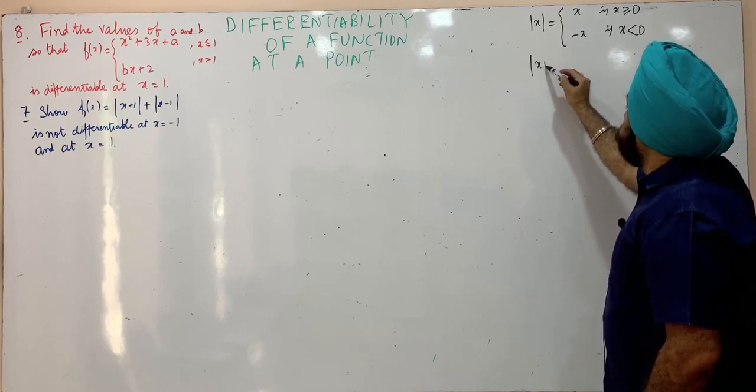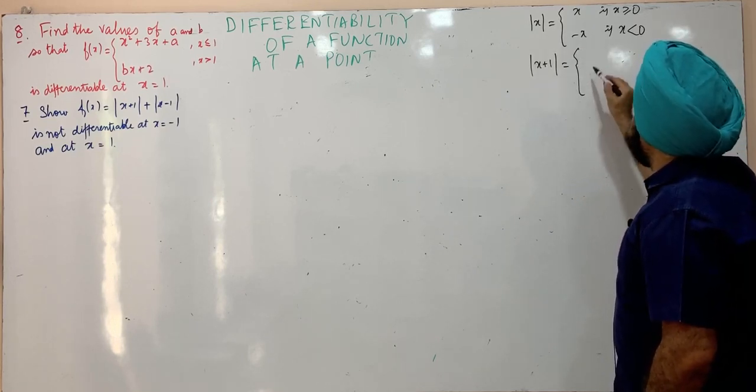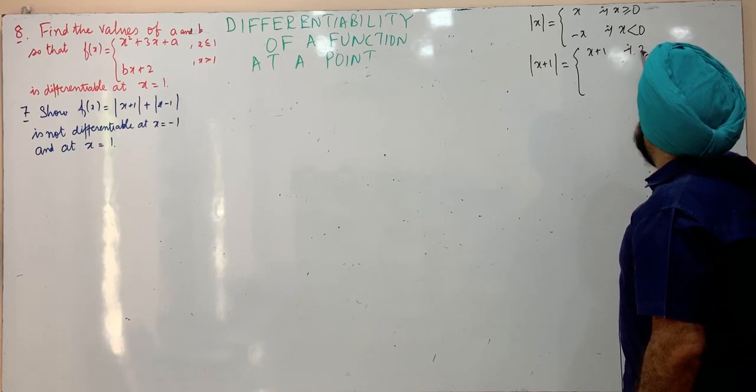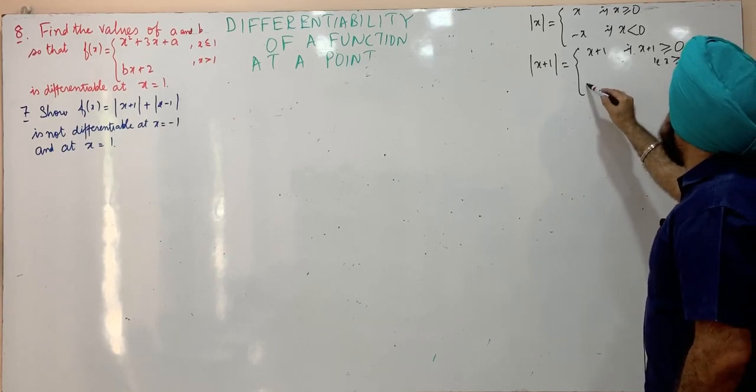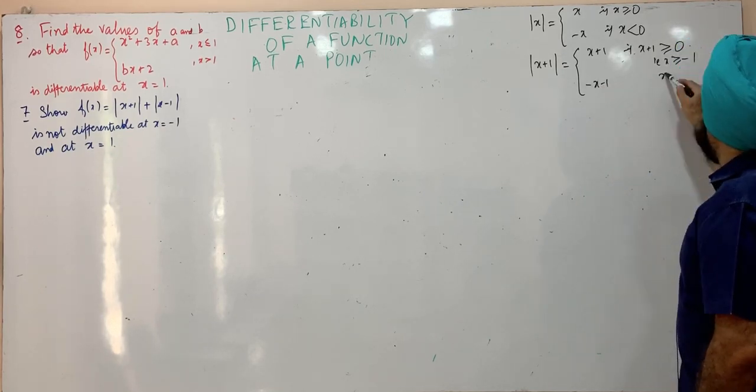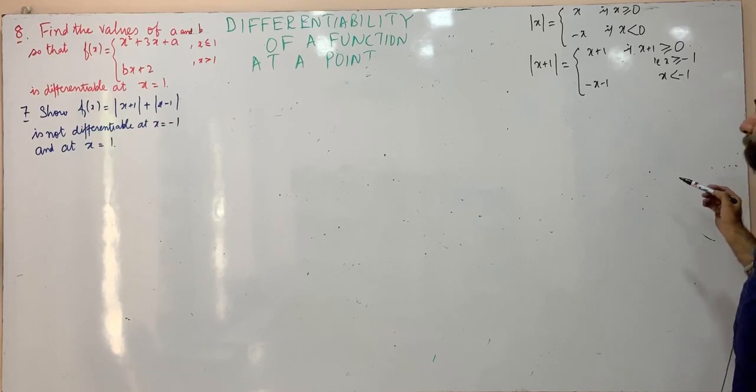So on similar lines, mod of x plus 1 is x plus 1 if x plus 1 is greater than or equal to 0, that is x greater than or equal to minus 1, and minus x minus 1 if x is less than minus 1.